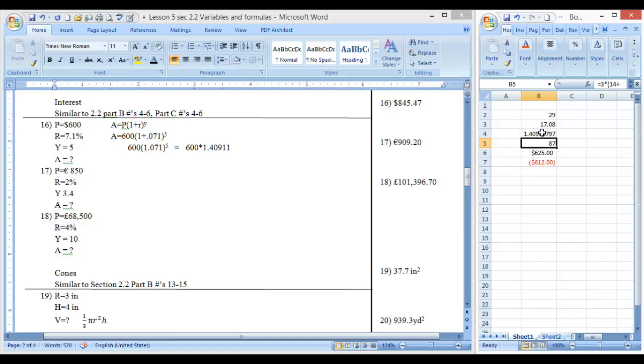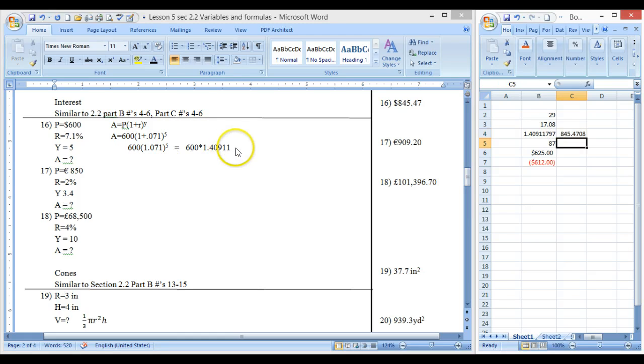Don't round until the very end. In this case, if I were using Excel, I would do a cell reference. So equals 600 times and reference what I got for my parentheses and my exponent.